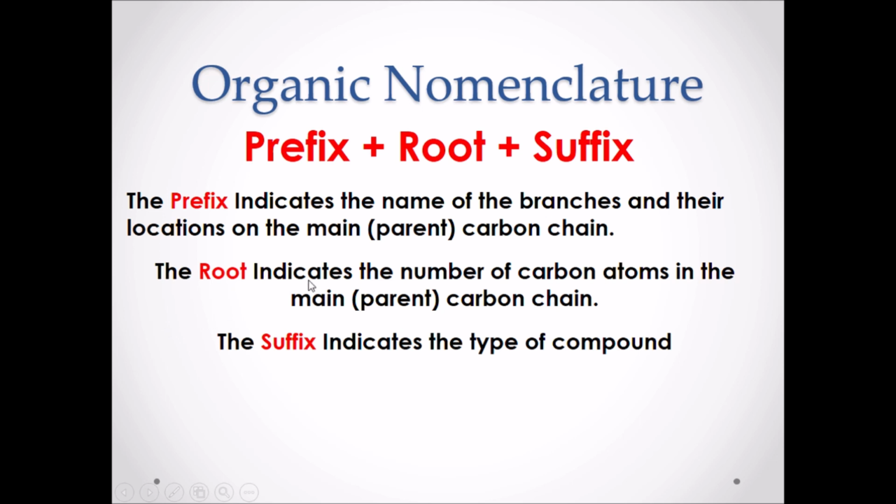The root indicates the number of carbon atoms in the main carbon chain, and the suffix indicates the type of compound. For example, in today's lesson, we will only focus on alkanes. Therefore, the suffix of every molecule will end in -ane.